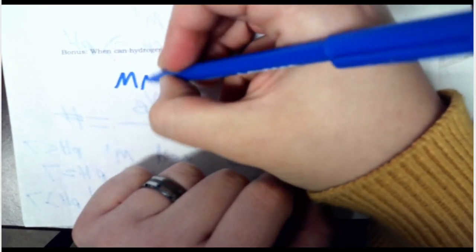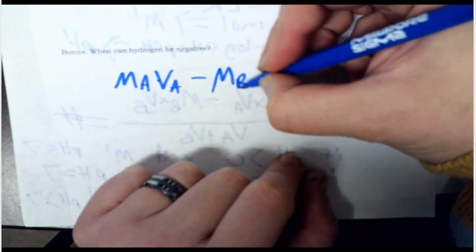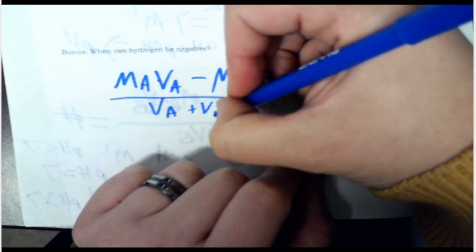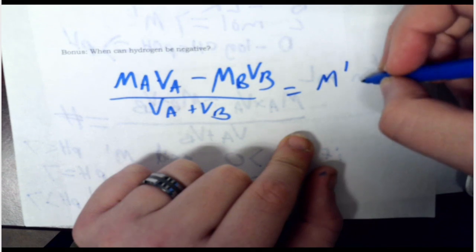Now, we can still use that same equation and help us solve this. We can still say that MaVa minus MbVb over Va plus Vb, and that's going to give us the molarity.